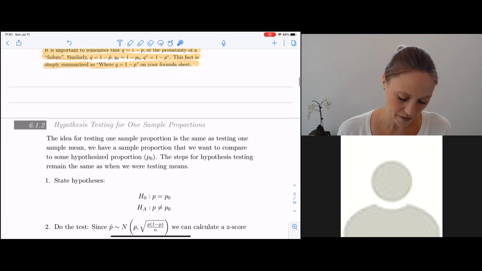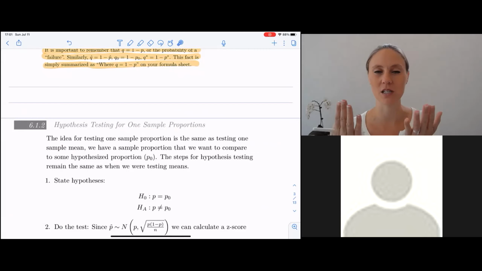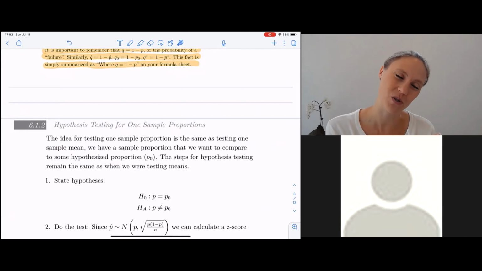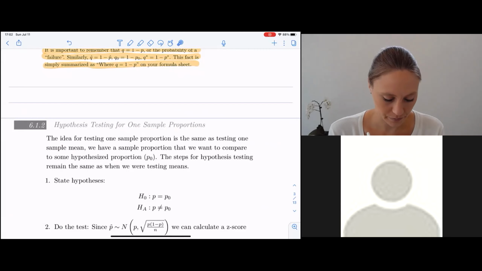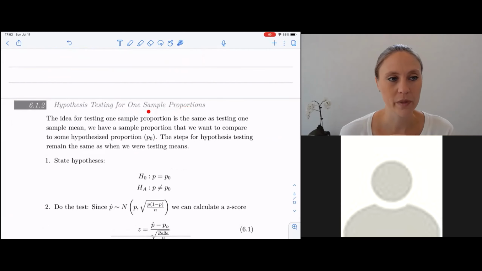All right. Let's talk about hypothesis testing for one sample proportions. So in the next part, we're going to talk about comparing two sample proportions. So now I've collected two samples and I want to compare those proportions, which is very similar to when we talked about two sample means, right? And so we're starting here with one sample proportions.